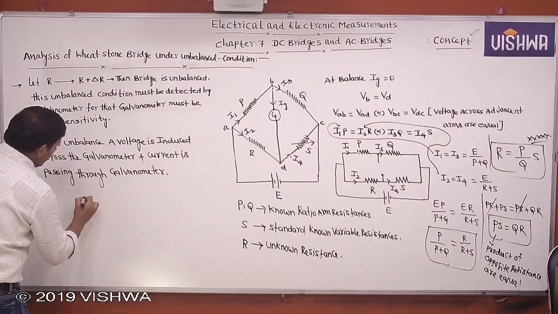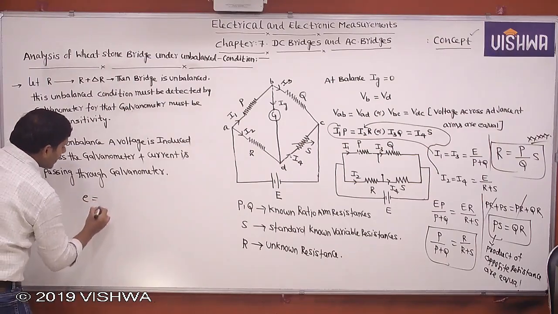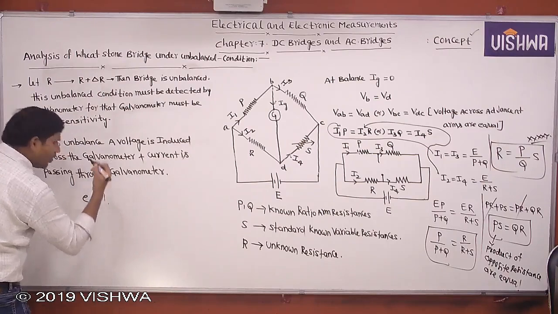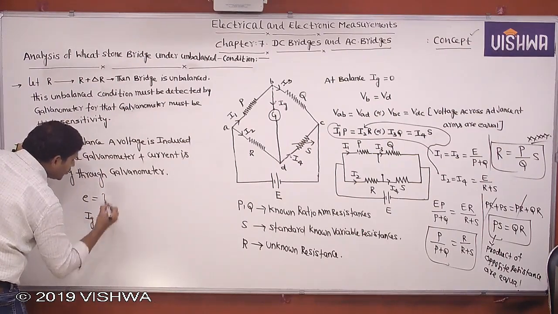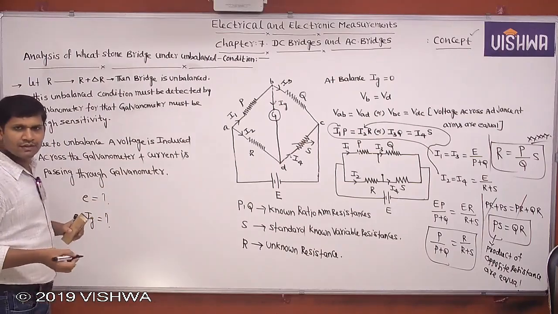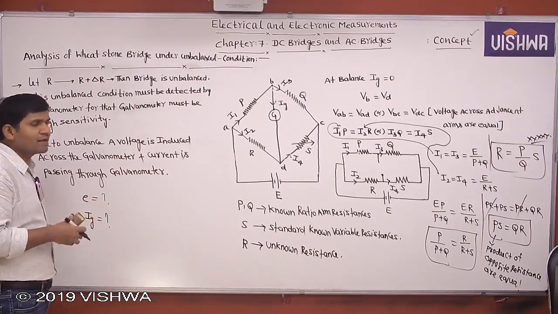Let the voltage induced across the galvanometer be E, which I want to calculate. The current through the galvanometer is Ig, which I also want to calculate. This is the analysis of the Wheatstone bridge under unbalanced condition.